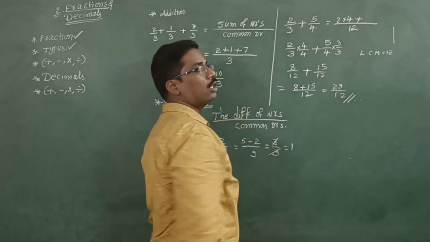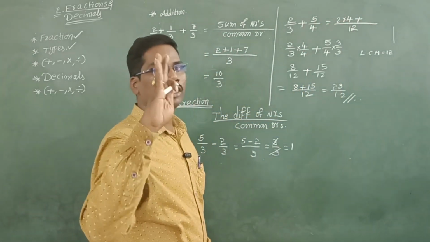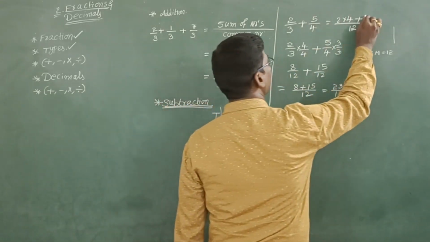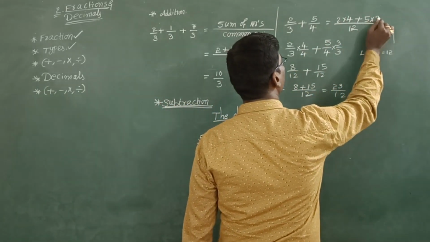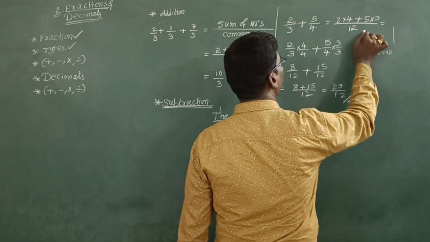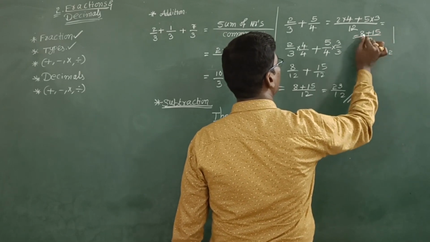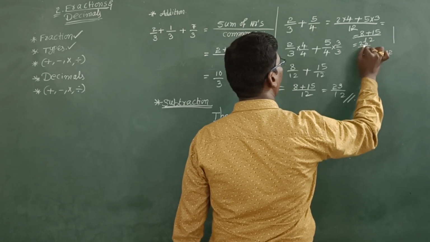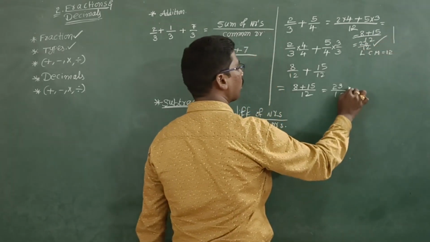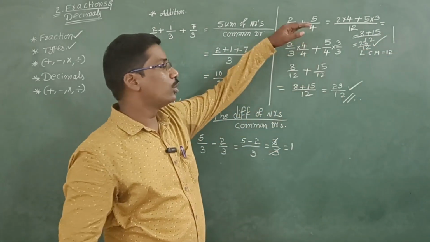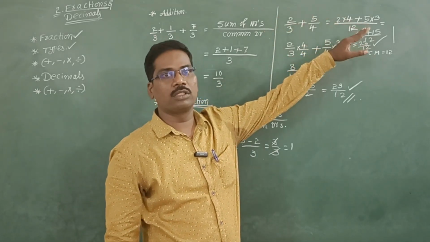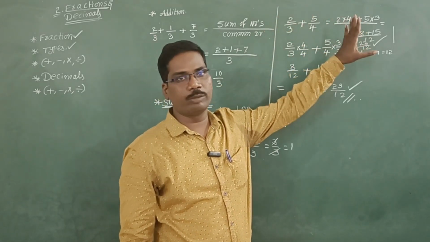Now 12 goes into the 4 table 3 times. This 3 into this 5. So 2 fours are 8, 5 threes are 15, by 12. That is equal to 23 by 12. If you do it like this also, no problem. But do this method in NMMS. This is a very fast method.